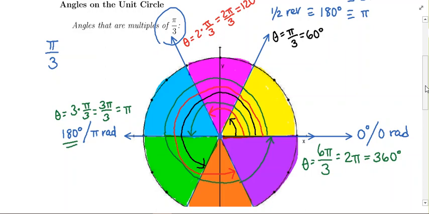Then we just started rotating counterclockwise, and that gave us the different measures: pi over 3, 2 pi over 3, 3 pi over 3, 4 pi over 3, 5 pi over 3, 6 pi over 3. Then we looked at the equivalent degree measures. All right, so the next thing we're going to look at, in the same fashion, is the angles that are multiples of pi over 4.